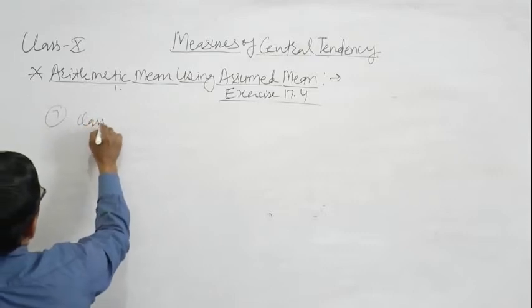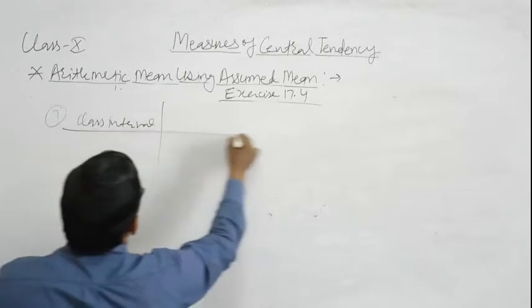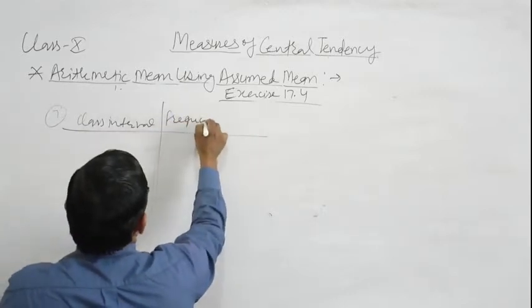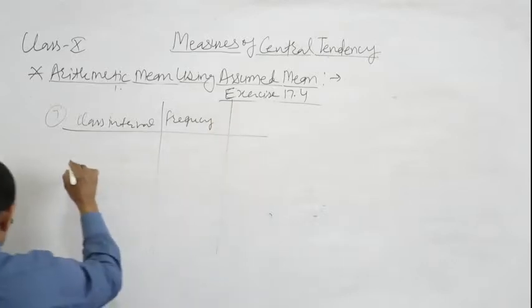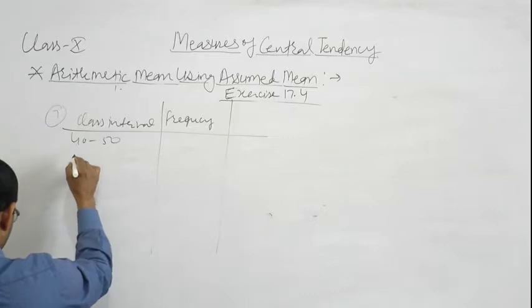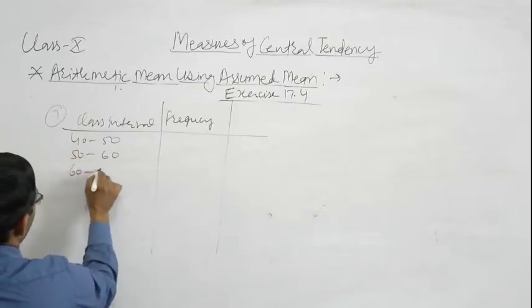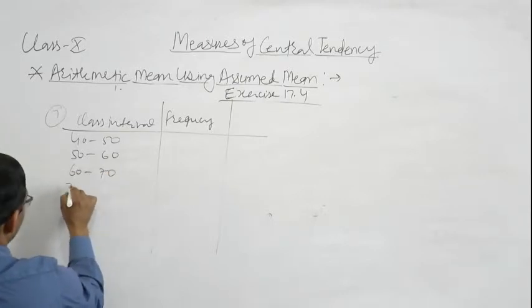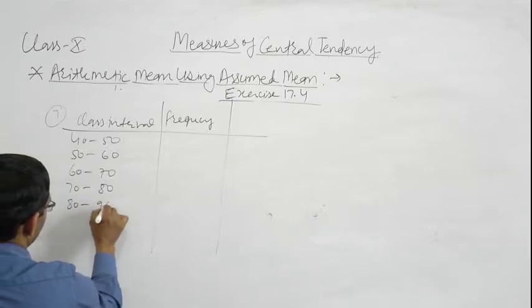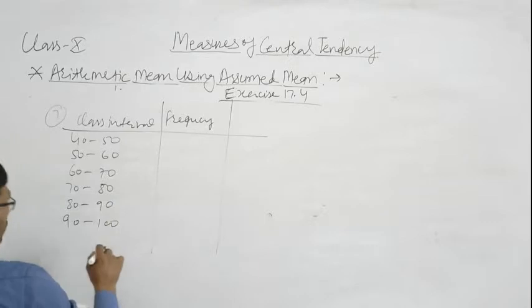Class interval and frequency are given. The class intervals are 40 to 50, 50 to 60, 60 to 70, 70 to 80, 80 to 90 and 90 to 100.